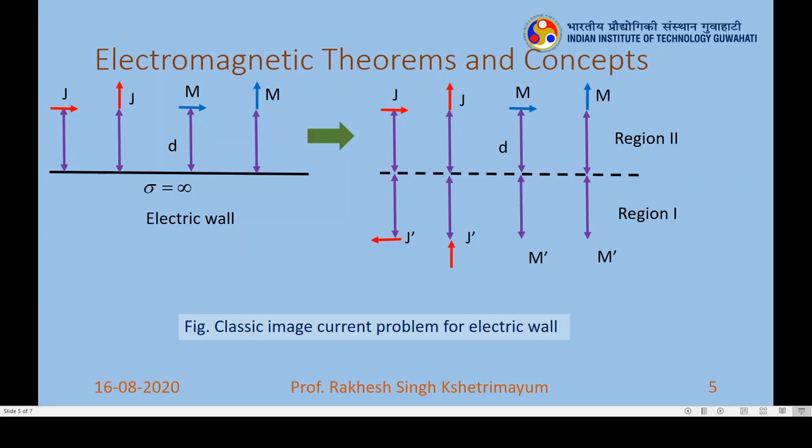For the magnetic current density horizontal case, the image would be located at the same distance d from the interface in the region 1, and the direction would be in the same direction and amplitude will be also same. The image for the vertical magnetic current density M would be in opposite direction, and it should be also located at the same distance from the interface in the region 1, and amplitude would be same as that of M.